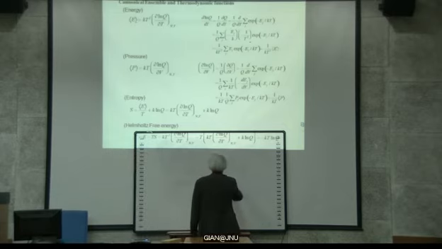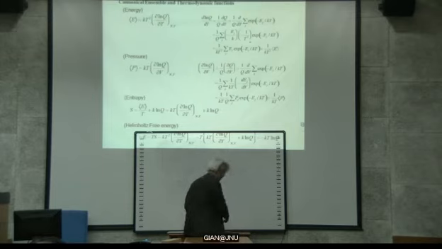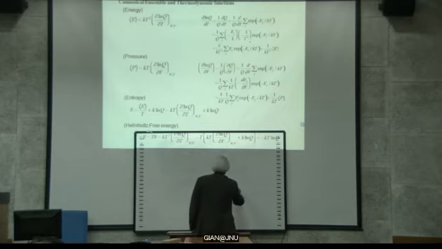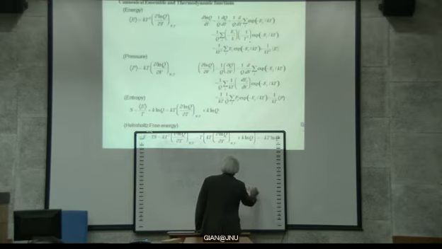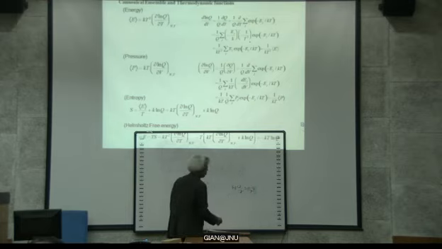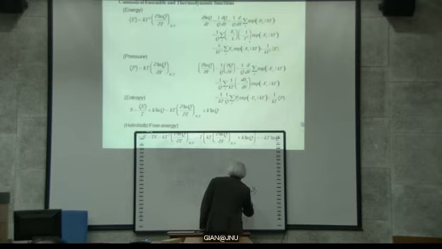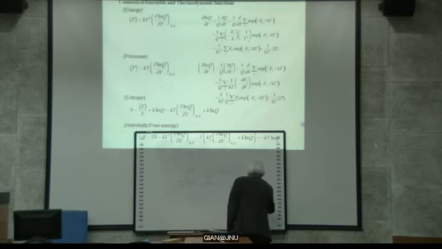So if you solve this Schrödinger equation for a particle in the box, you get the energy, which is something like, I don't know, there must be some h or something like that.